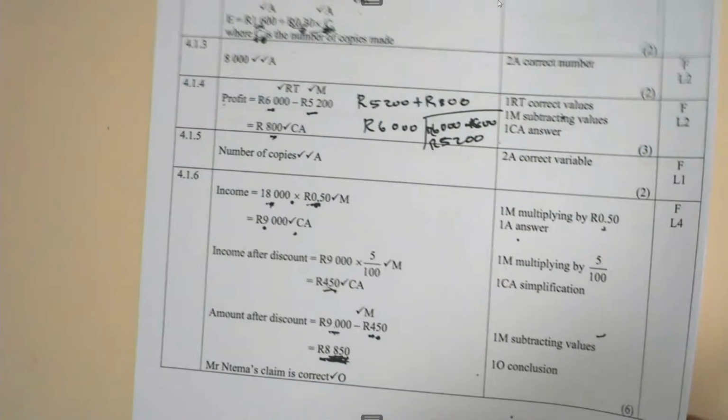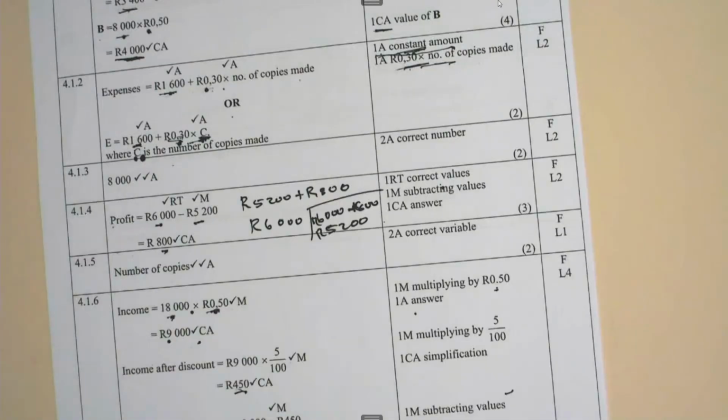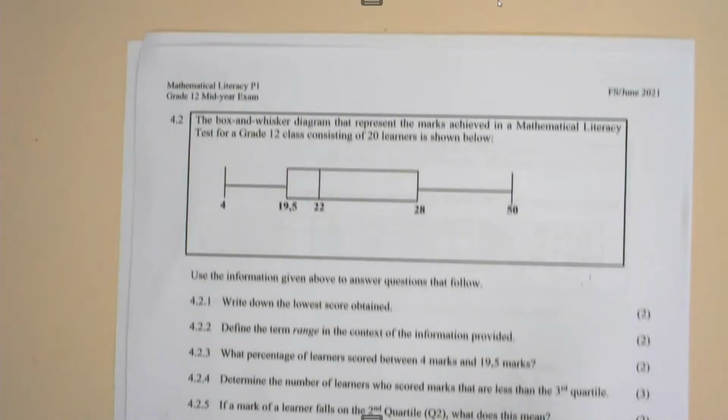Then we move to question 4.2. I think it's the last question now. It says the box and whisker diagram that represents the marks achieved in a mathematical literacy test for a grade 12 class consisting of 20 learners is shown below.